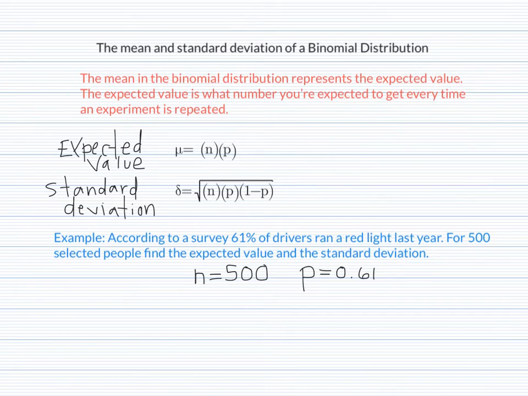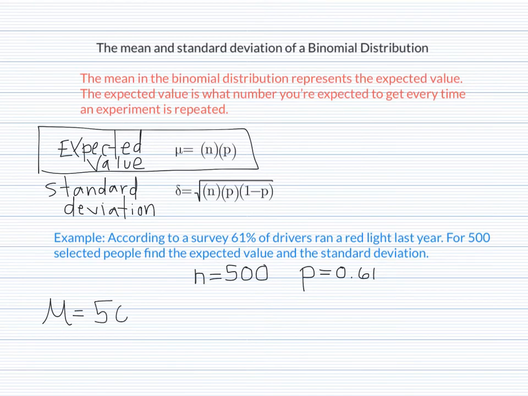So let's use the first formula to find our expected value. Our mean is equal to n, which is 500, times our p, which is 0.61. And that ends up being 305. So if we were to ask 500 people, we should approximately get 305 people that say they have run a red light.